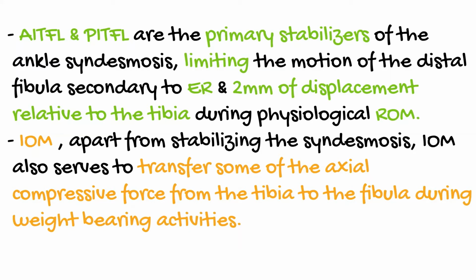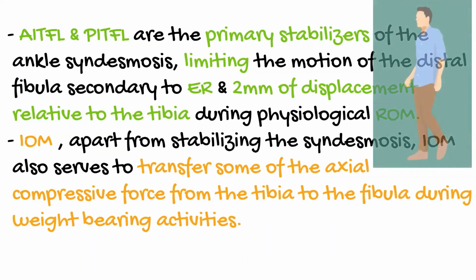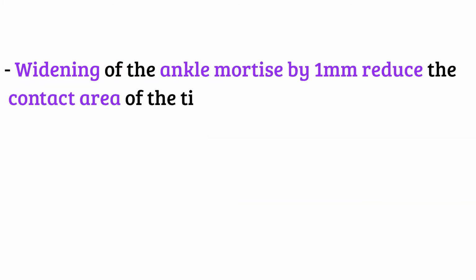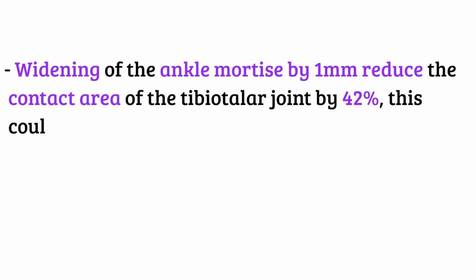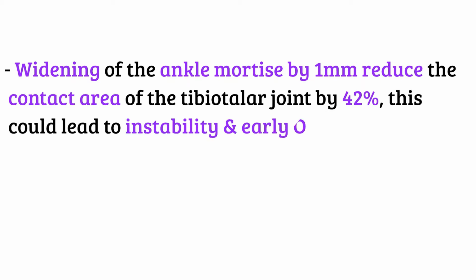Interosseous membrane, IOM, apart from stabilizing the syndesmosis, also serves to transfer some of the axial compressive force from the tibia to the fibula during weight-bearing activities. Widening of the ankle mortise by 1 mm reduced the contact area of the tibiotalar joint by 42%.